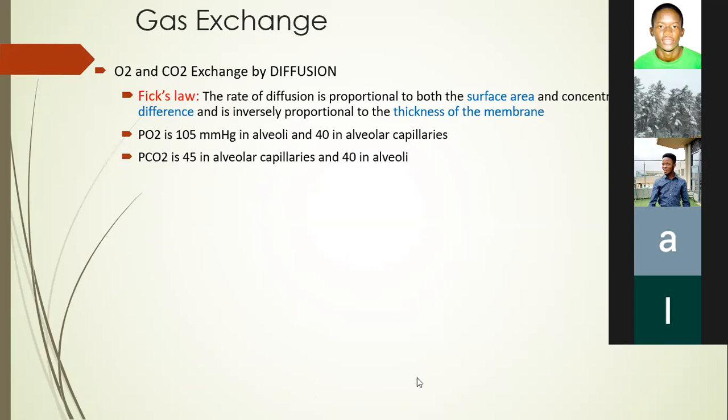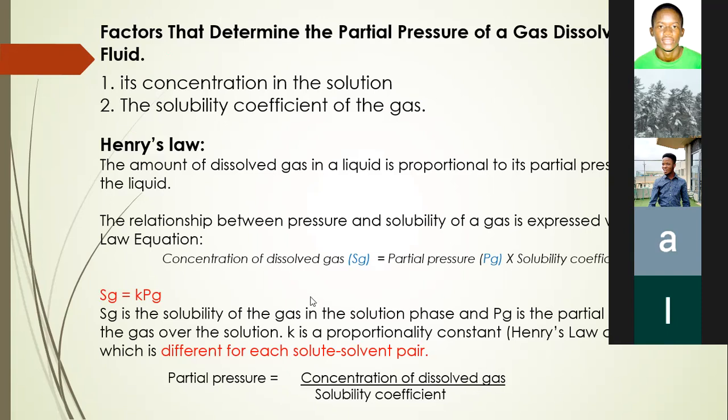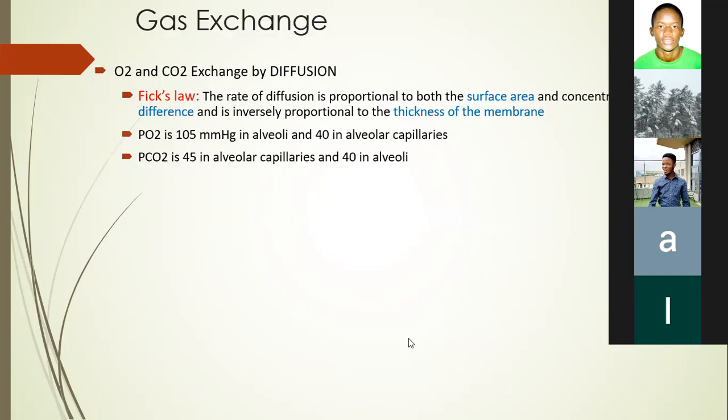Now, the concentration of the dissolved gases, if you rearrange the fraction, you find that the amount that is dissolved is dependent on the partial pressure. So if the partial pressure is low and you multiply by a high solubility coefficient, then that concentration will be high. Just look at that relationship and you can relate it to Henry's law.